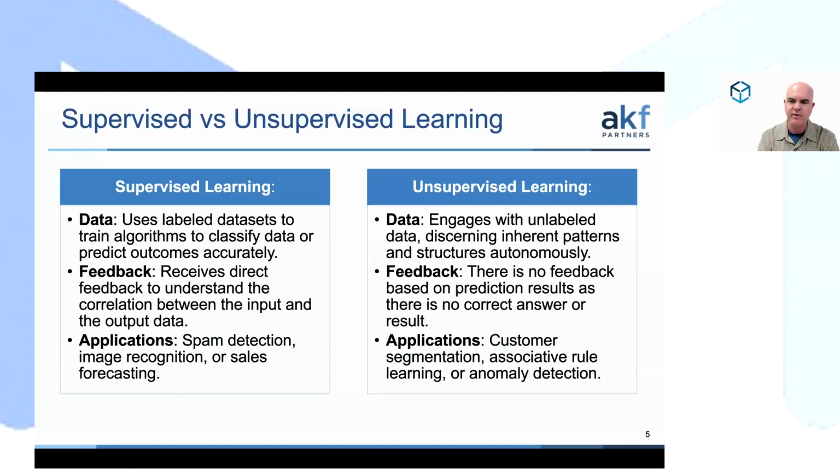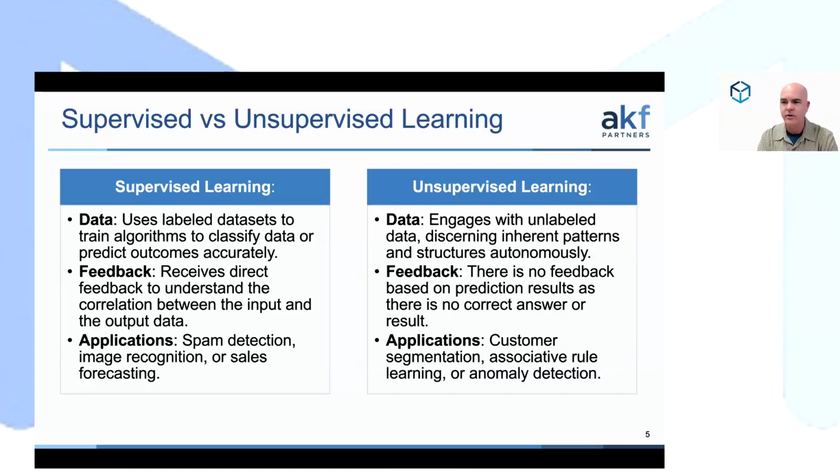But with supervised learning, we're giving it a set of answers and trying to train it to reproduce those answers. So image recognition, sales forecasting, weather forecasting, all of those kinds of things. So often if you're doing detection, classification, forecasting, things like that, you're probably in a supervised learning category.